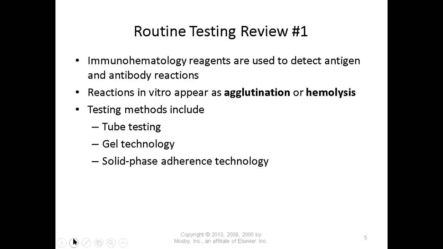We are able to tell when this happens in vitro by observing either agglutination or hemolysis. The methods that can be used for blood bank testing: the traditional method is with test tubes. There's a gel technology, and then a later technology is called solid phase adherence.